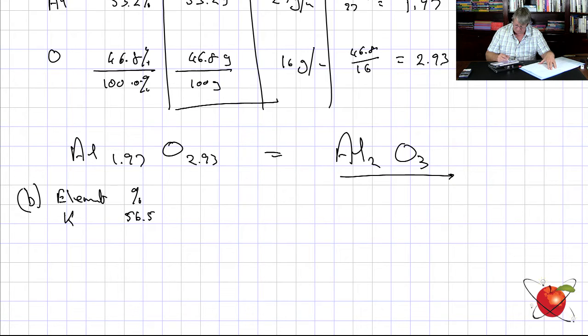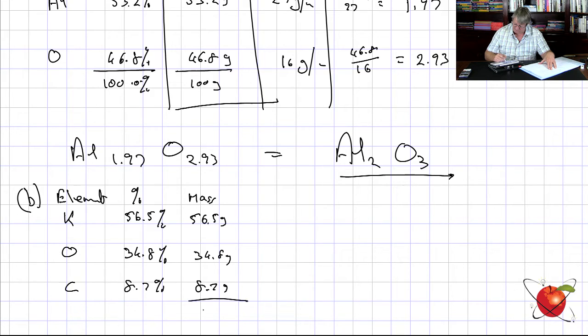Then we've got oxygen, and that is 34.8%. And lastly, we've got carbon, which is 8.7%. These are all percents, right? Therefore, let's change them to mass: 56.5 grams, 34.8 grams, 8.7 grams. That's 100 grams, and that's 100%, correct?